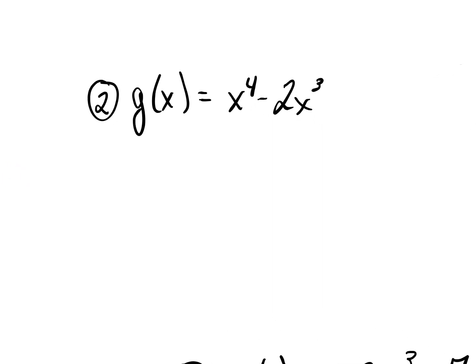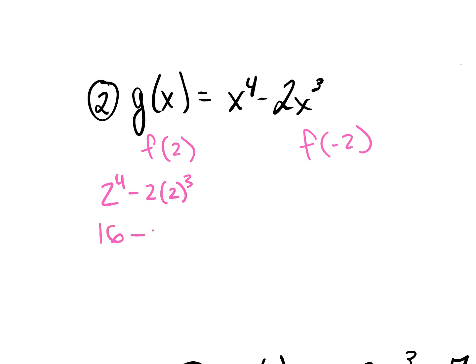So then we do the same thing for number 2. I can plug in 2 and -2. So I have 2 to the 4th power minus 2 times 2 cubed. So this would be 16 minus 2 times 8, which would be 16 minus 16, so that is 0.